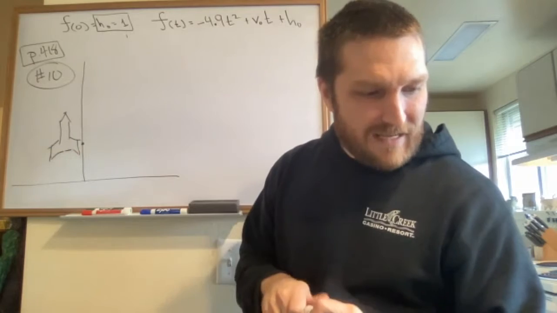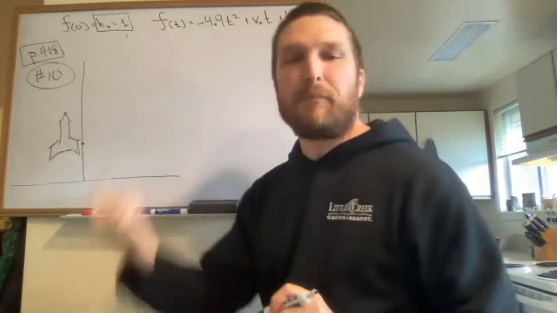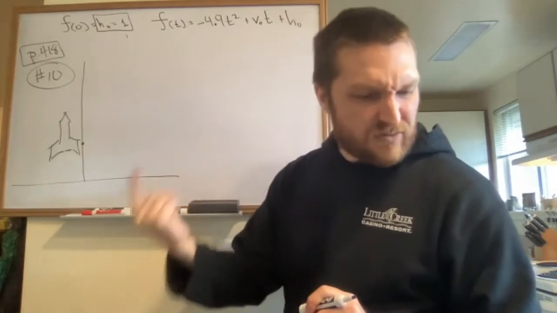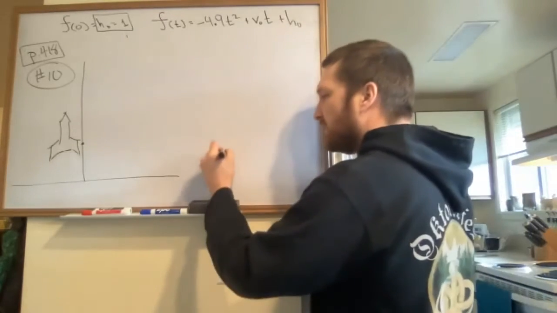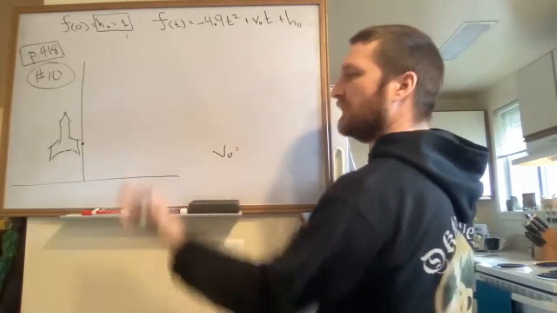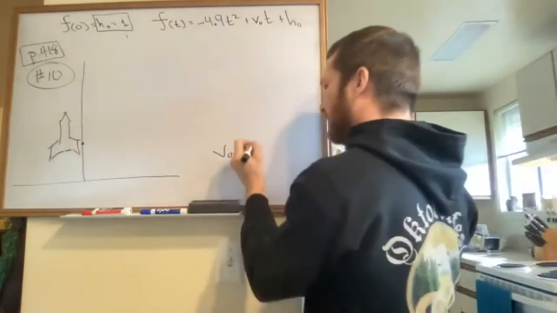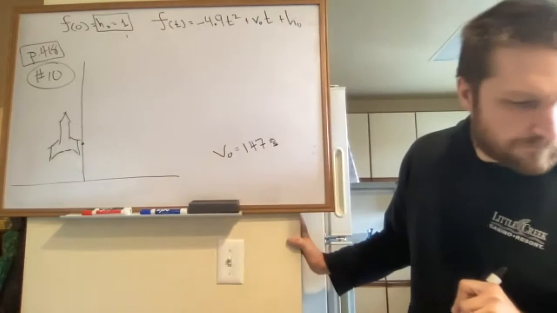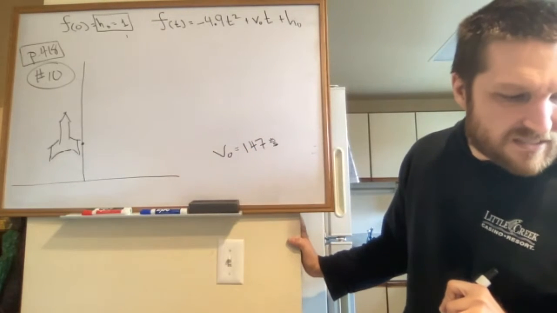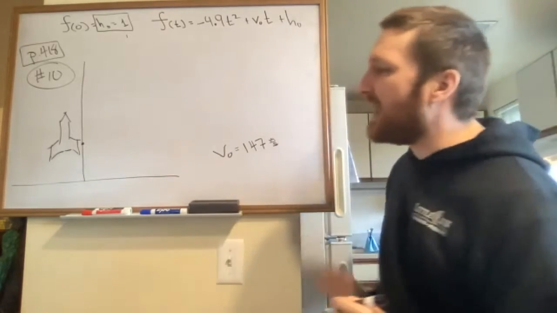Okay, and it has an upward velocity. This is what it tells us. It has an upward velocity of 147 meters per second. So that means v0, the initial velocity of that thing, is 147 meters per second. And it is 73.5 meters high.